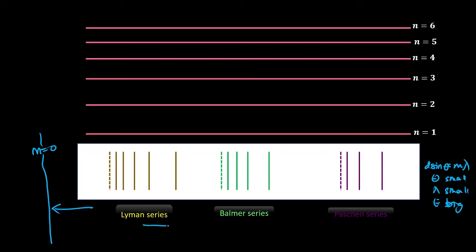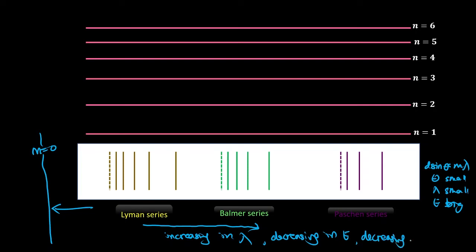In other words, when you go away from the central maximum, there is an increase in wavelength, a decrease in energy, and a decrease in frequency.